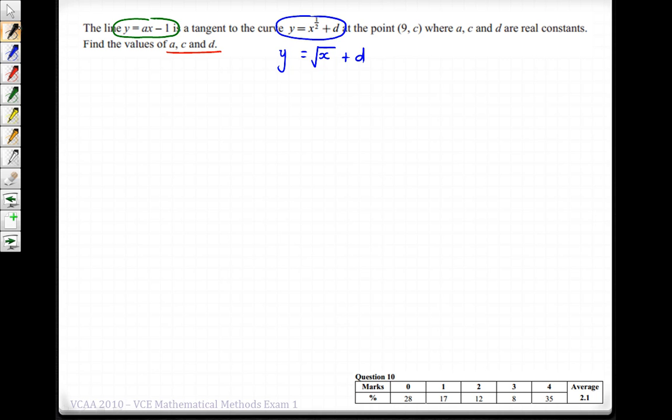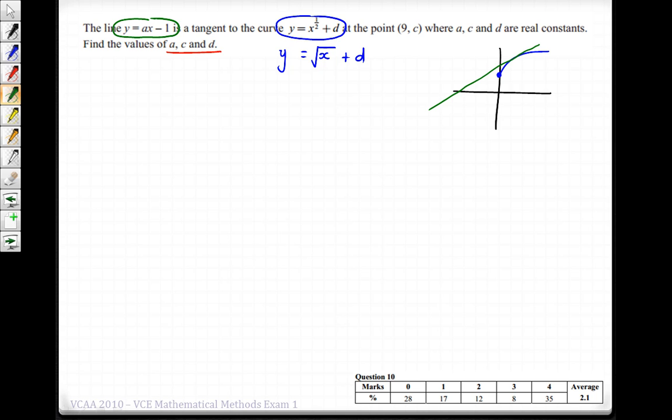So if we quickly graph that out, we could say d is any point, and we've got, say d is positive, it doesn't really matter. We've got that sort of thing looking at it, and our line here at x equals 9, so something like that. That's our green line ax minus 1.